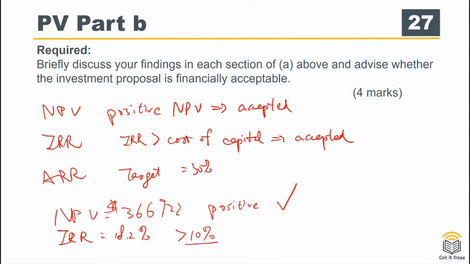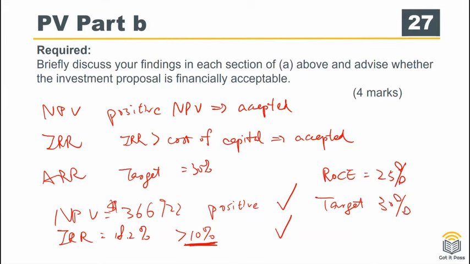Okay, it's the cost of capital, also accepted. For return on capital employed, it is 25%, because it is smaller than the target, it is less than the target rate, which is 30%.